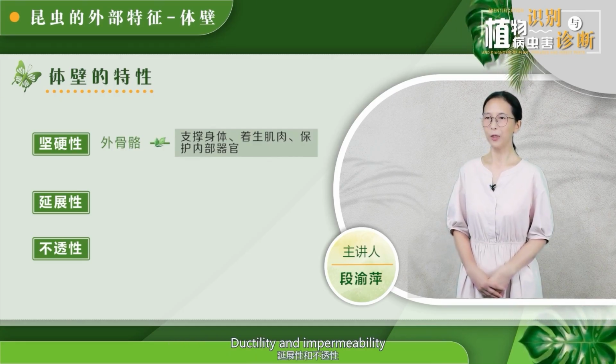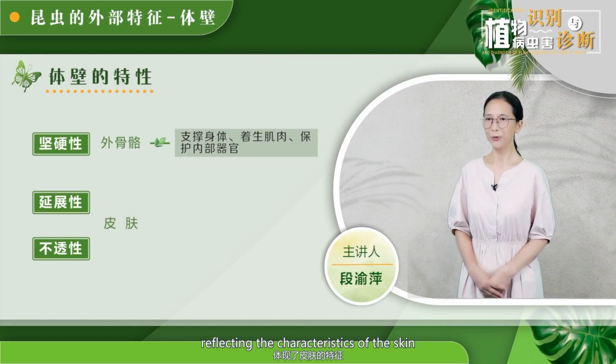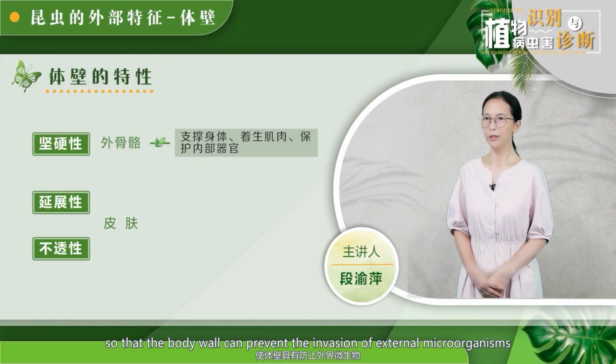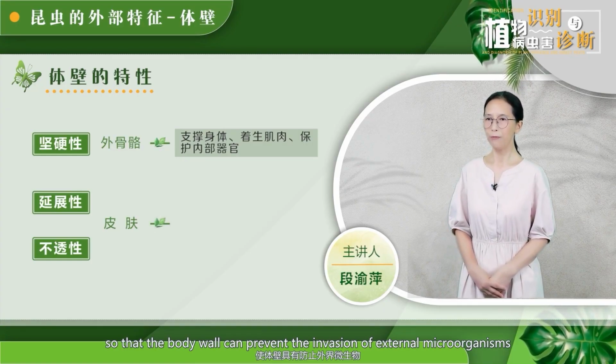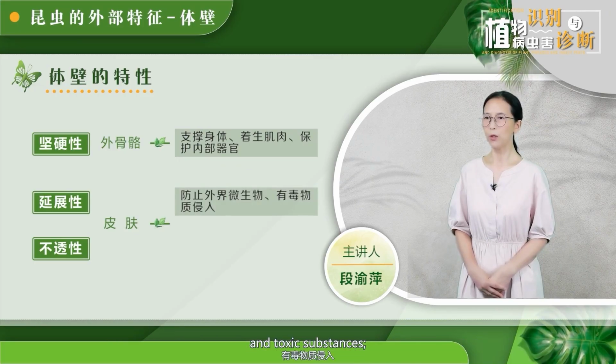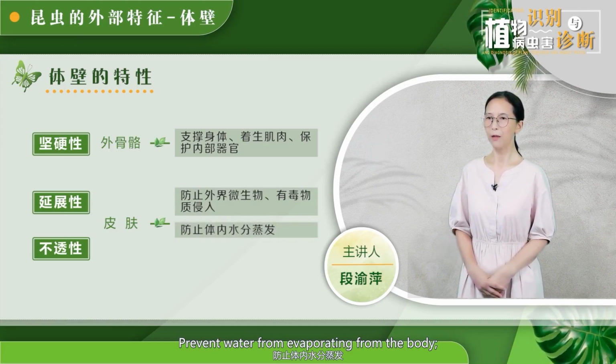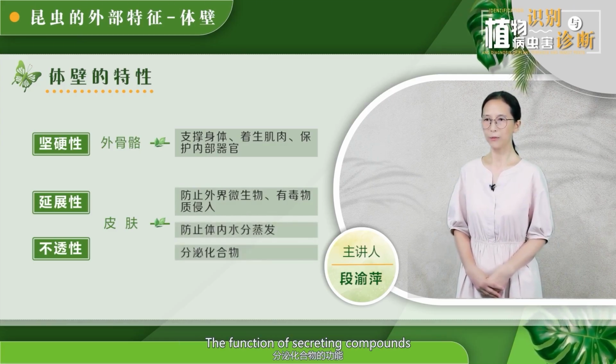Ductility and impermeability reflect the characteristics of the skin, combined with the structure of each layer, so that the body wall can prevent the invasion of external microorganisms and toxic substances, prevent water from evaporating from the body, and has the function of secreting compounds.